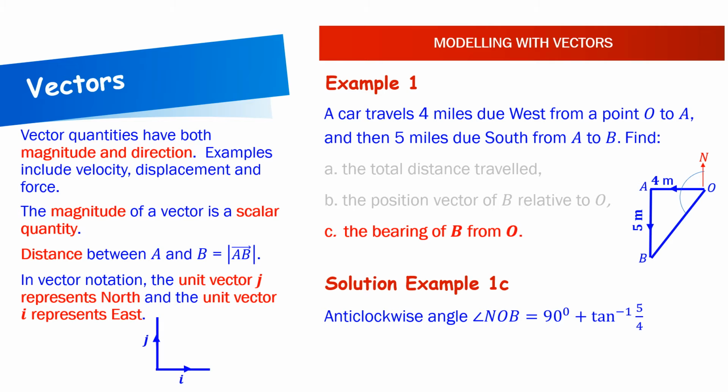This is equal to 90 degrees plus tan inverse 5 over 4. This comes from the formula tan theta equals opposite over adjacent, and we've simply inversed in order to find theta. And theta is the angle which has been highlighted in red.